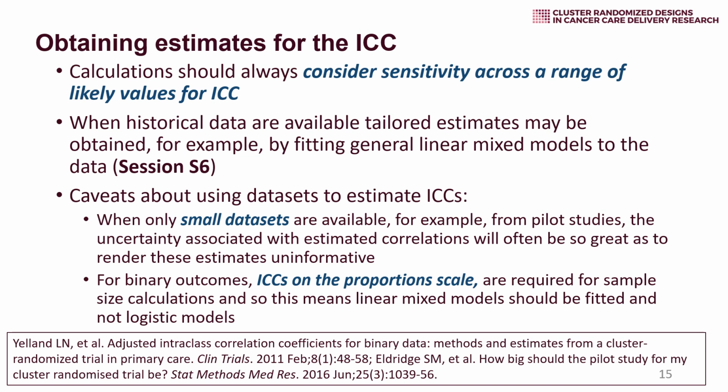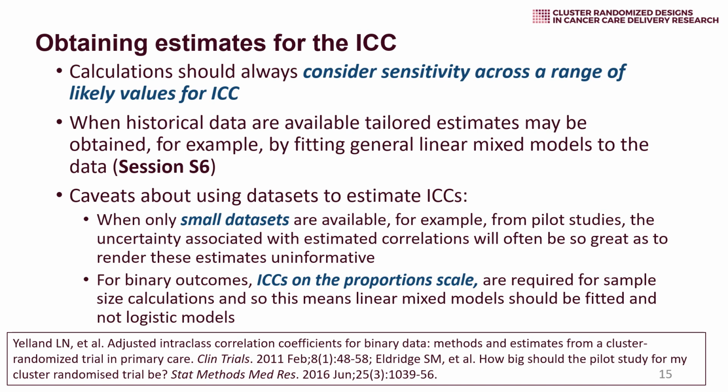Now, when historical data are available, we can obtain tailored estimates by fitting a generalized linear mixed model to those data and estimating what we might call tailored or data-specific estimates of the ICC. A couple of things to note if these data are available.